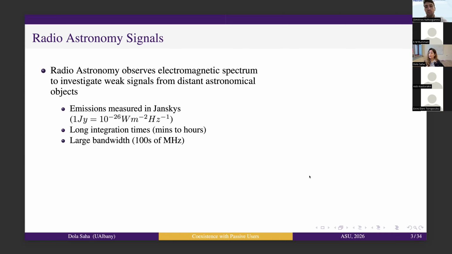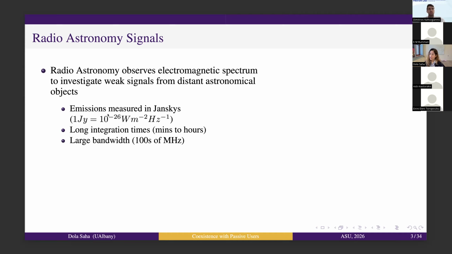That's one of the important things to understand: the emissions of these signals coming from outer space are measured in Janskys. Jansky was the most famous radio astronomer, and he gave us this unit, which is 10 raised to the power of -26 watt per meter squared per hertz. That's the low value that is measured.